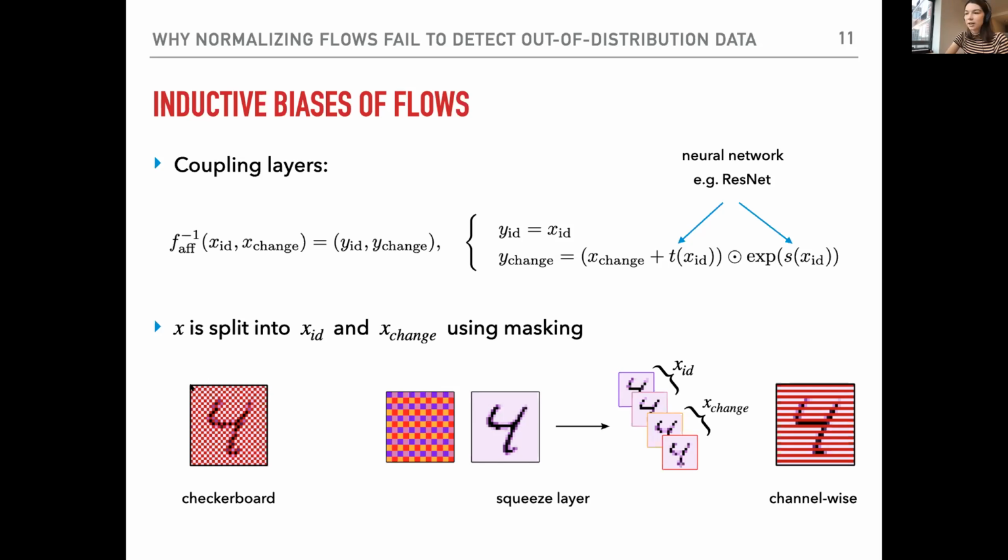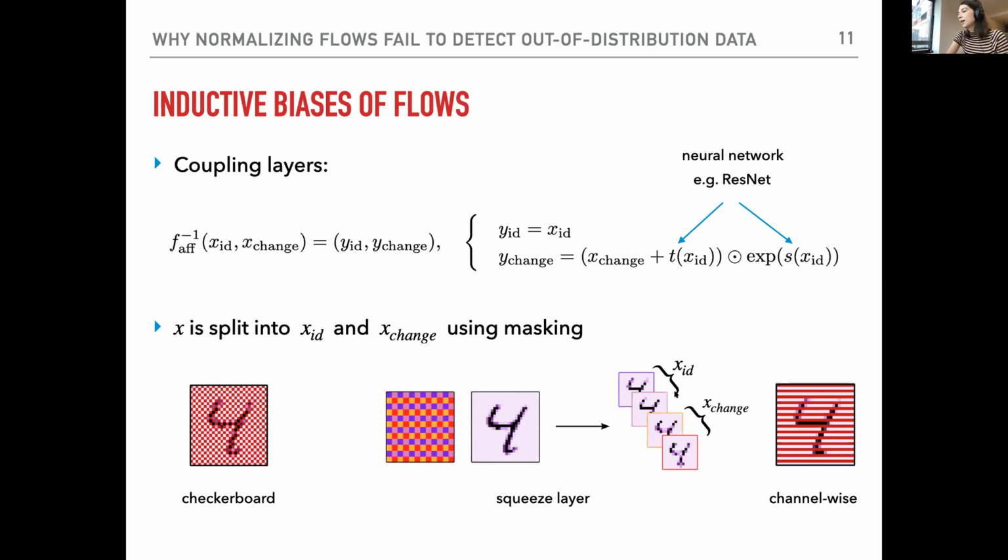So here, like red and pink pixels would go to different parts of this disjoint splitting. And for the channel-wise masking, usually what happens is that we perform a squeeze layer first. So we take an image, and these colors encode different channels into which we downsample our image.